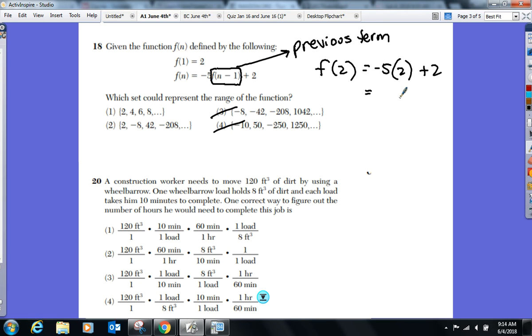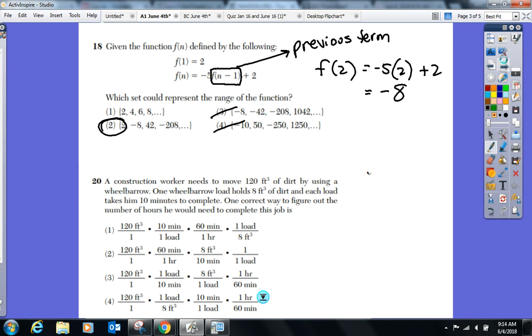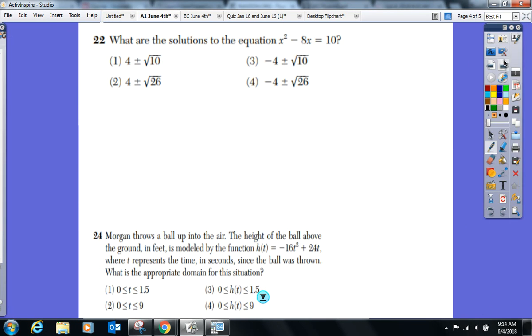You're getting yourself rattled. -5 times 2 plus 2. Okay, which one's the only one that's got -8 as a second term? We all right? Okay, for time's sake here, I'm going to keep moving to 22.